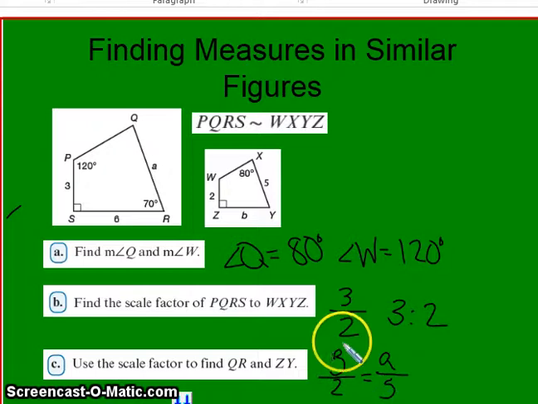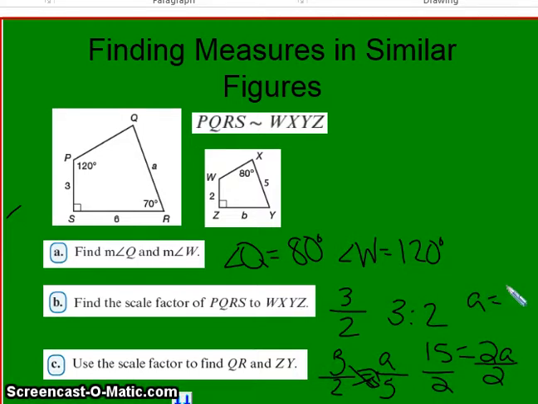Notice here we have a proportion which we can easily solve by cross multiplying. 3 times 5 is 15, and it equals 2 times A. Since we're multiplying 2 times A and we want to get rid of the 2, we divide both sides by 2. So A equals 15 over 2, or 7.5. So QR is 7.5.